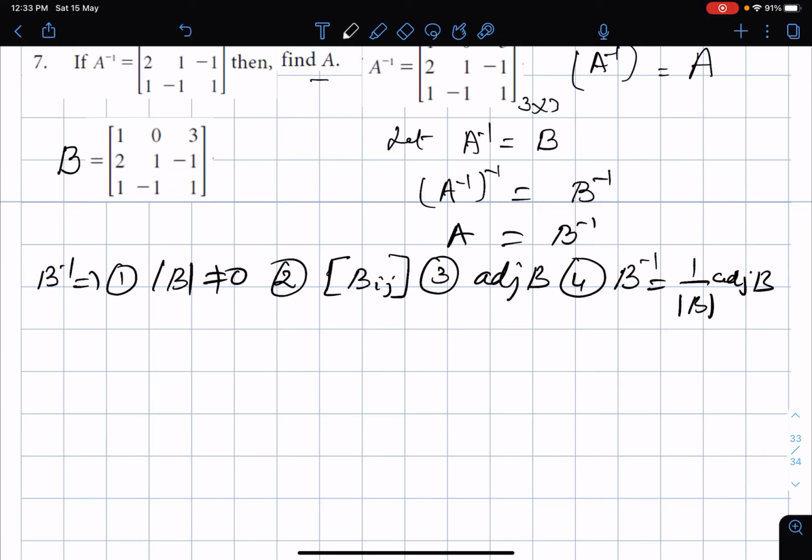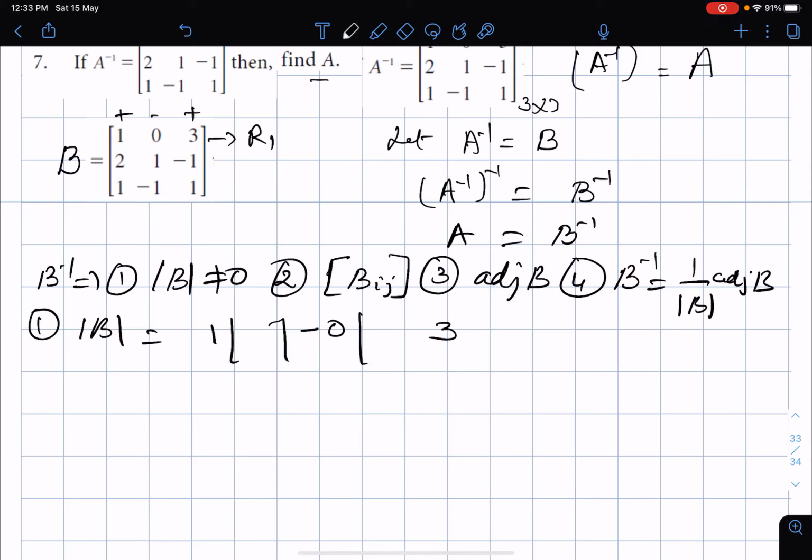Now first step is going to be our determinant B. Okay, what is determinant B? We are going to expand this to R1. So our sign convention plus, minus and plus. So taking our first element 1, minus 0 and 3, you get the 3 minus 3, isn't it?